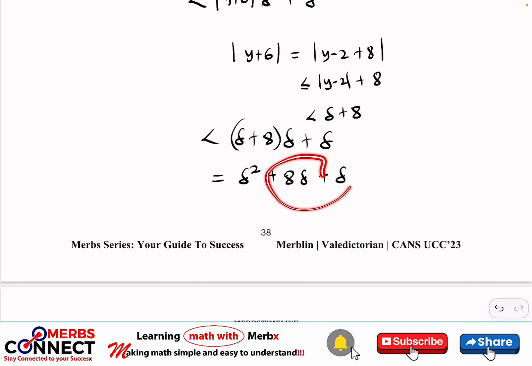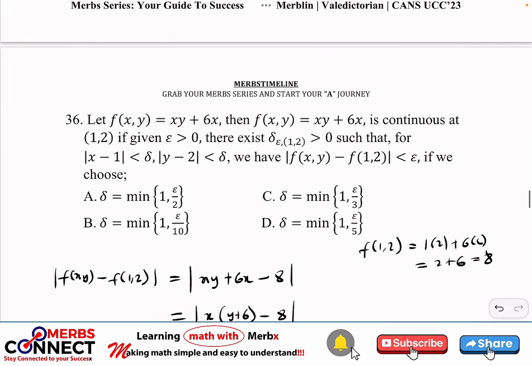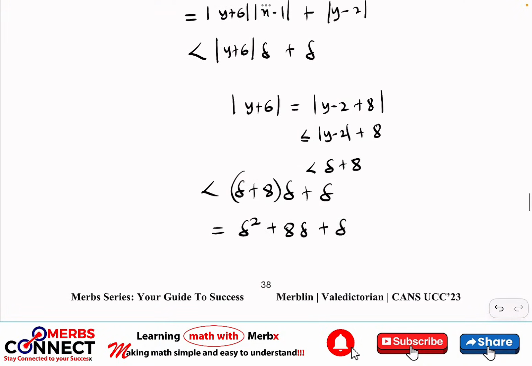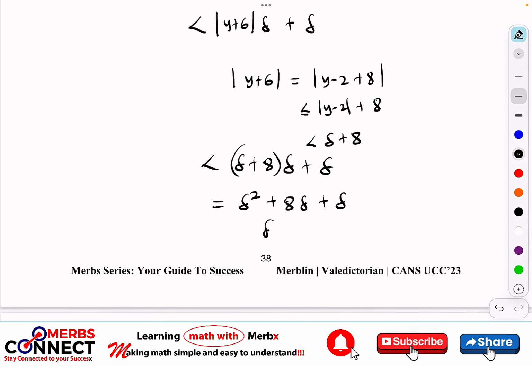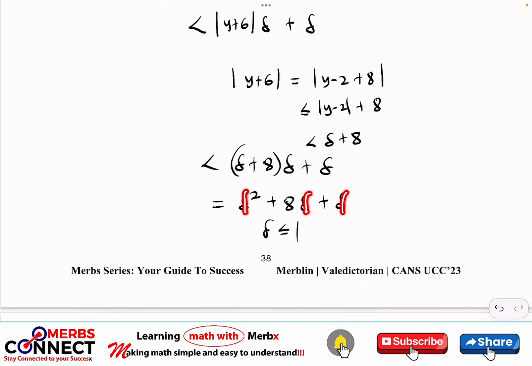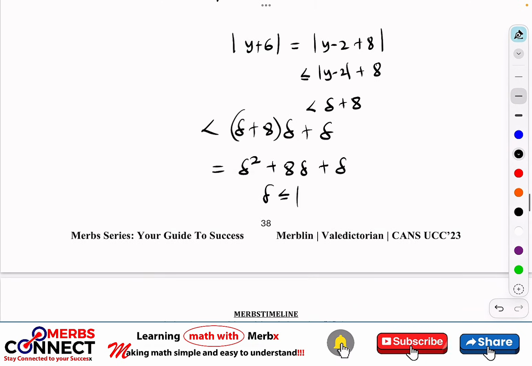As soon as I've gotten something like this, I can even look at the options: 10, this one is more than 5, more than 3, more than 2, because this one is 8. When I add this one, definitely this is going to give us 1. So here I'm going to choose delta to be less than or equal to 1, so that when I plug in 1, 1, 1, this will be 1 plus 8 plus 1, which is going to be 10. So when I choose that, this is going to be the same as 10 delta.